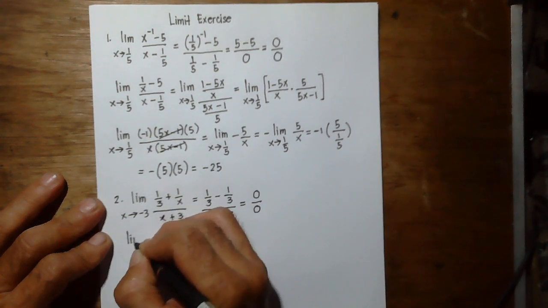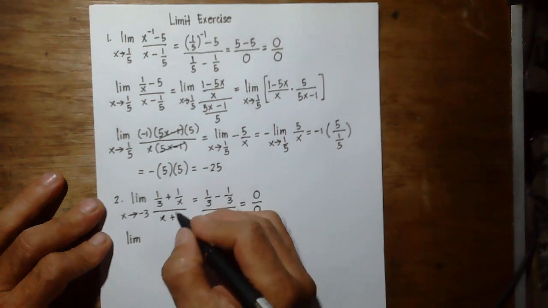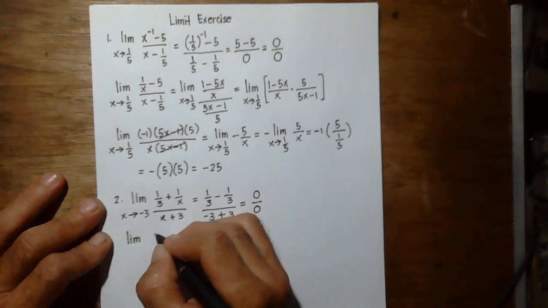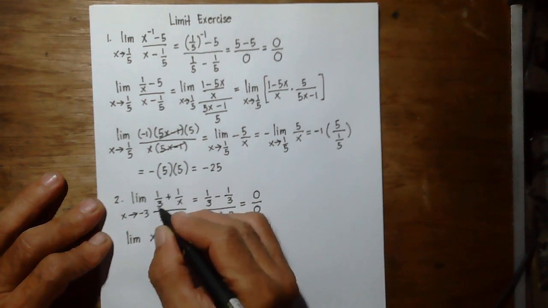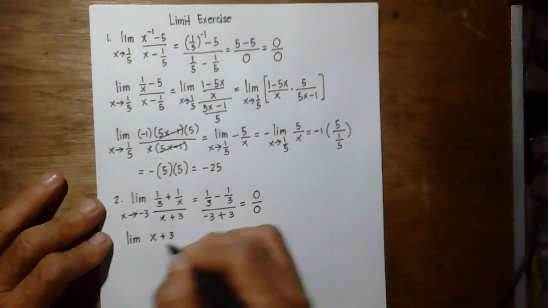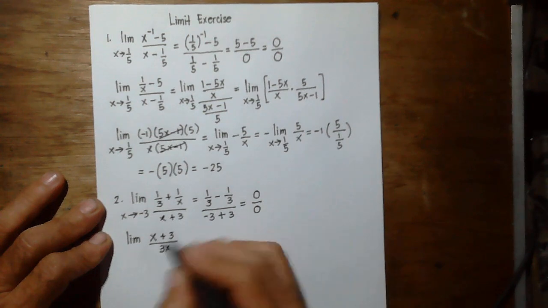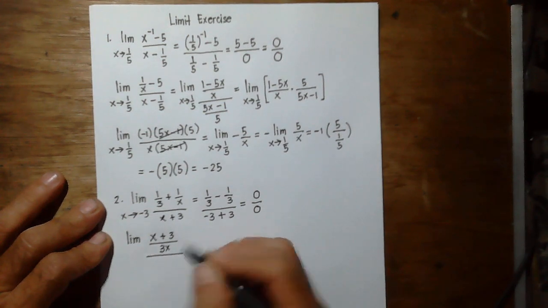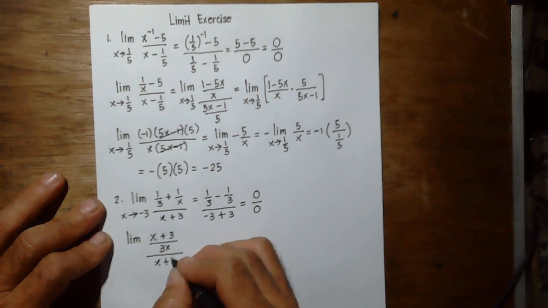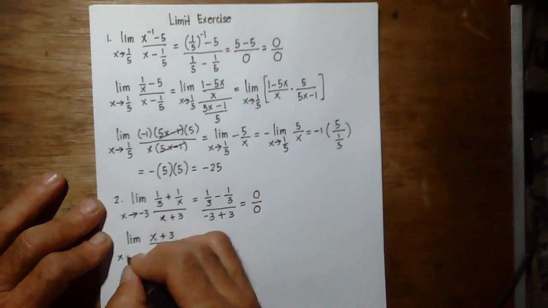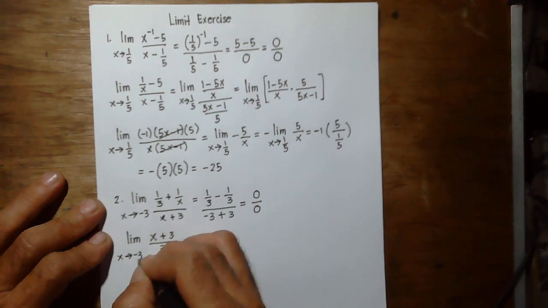Rewriting, we have, by cross multiplication, (x plus 3 times 1, 3) over 3x, over x plus 3, again as x approaches negative 3.